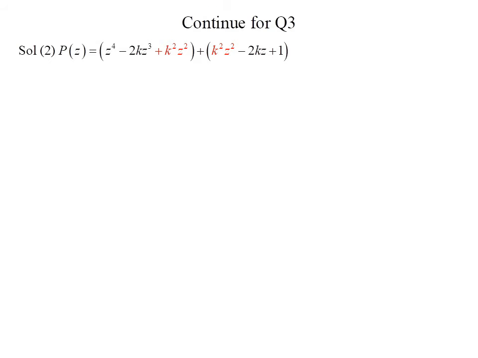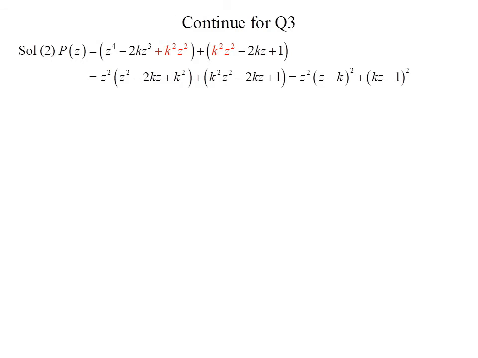Then we put the first 3 terms in a parenthesis and the last 3 terms in another parenthesis. It is actually not difficult to observe that after taking out the common factor z squared in the first parenthesis, the remaining terms just form a complete square, while the terms in the second parenthesis also form a complete square.